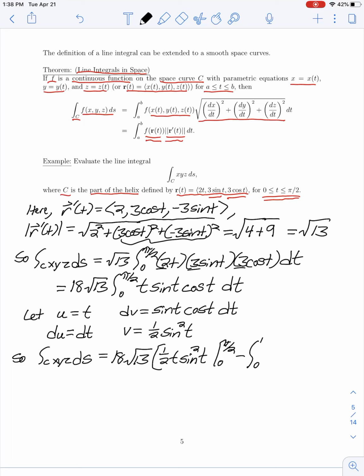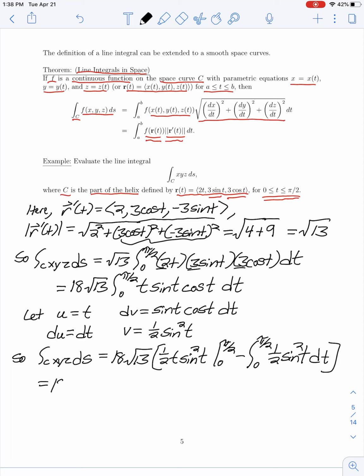So we would have the integral from 0 to pi over 2, v times du, so that is 1/2 sine squared of t dt. So let's see what we get here.